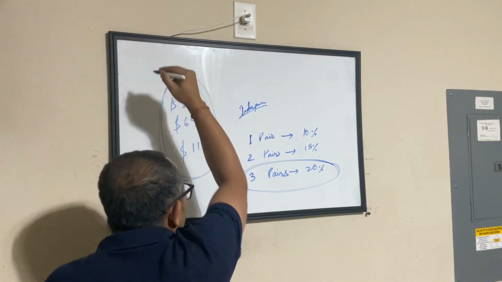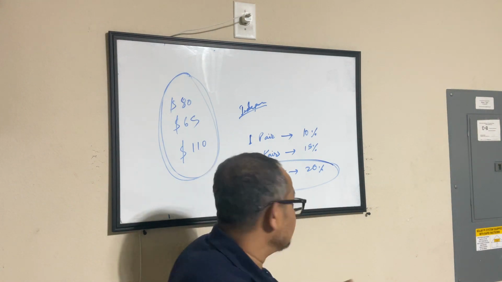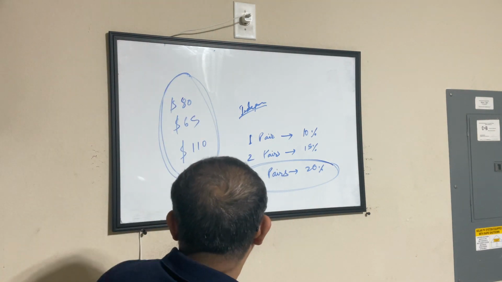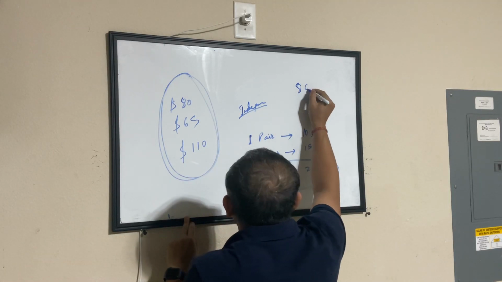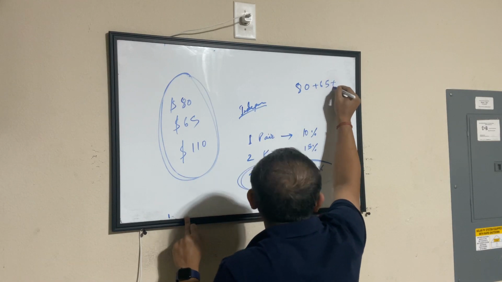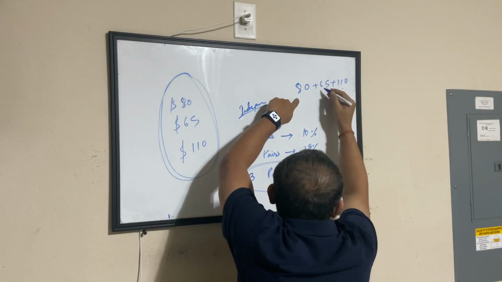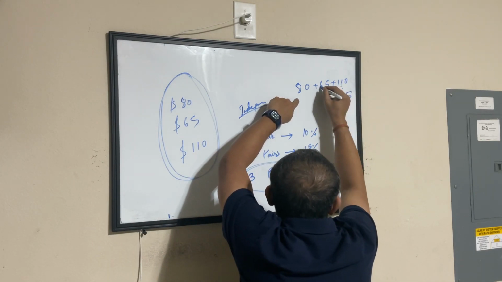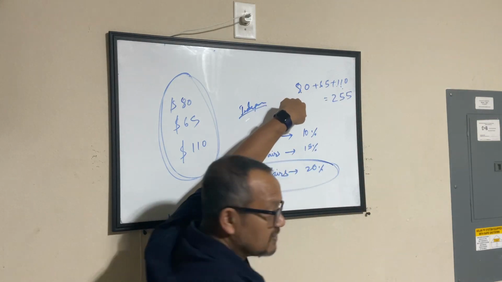So I will get 20% discount on the overall price. What is the price of the shoes that I selected? $80 plus $65 plus $110. How much is that? It becomes 5, 1 plus 6, 7 plus 8, 15. 1 plus 1, 2. 255.